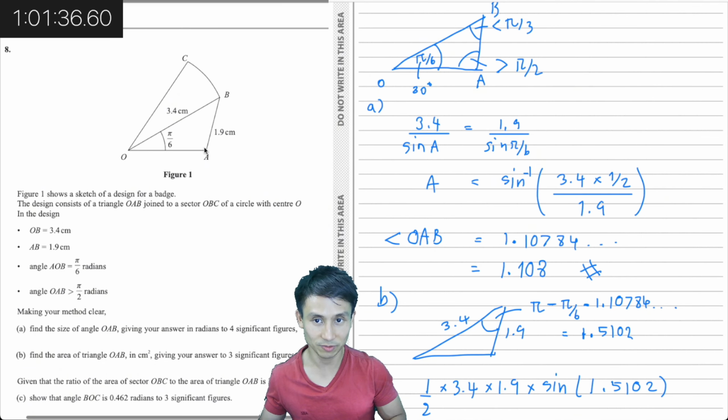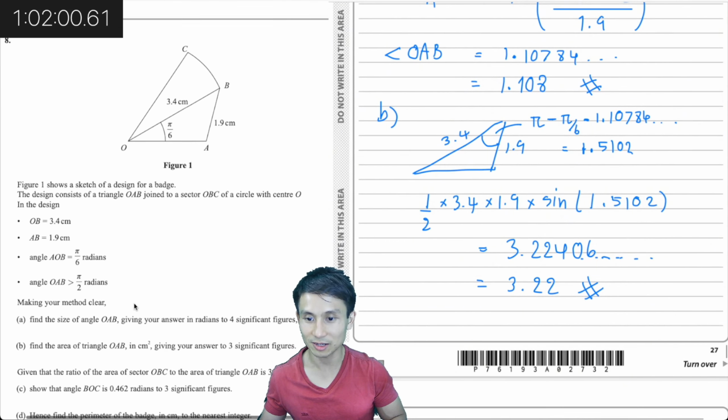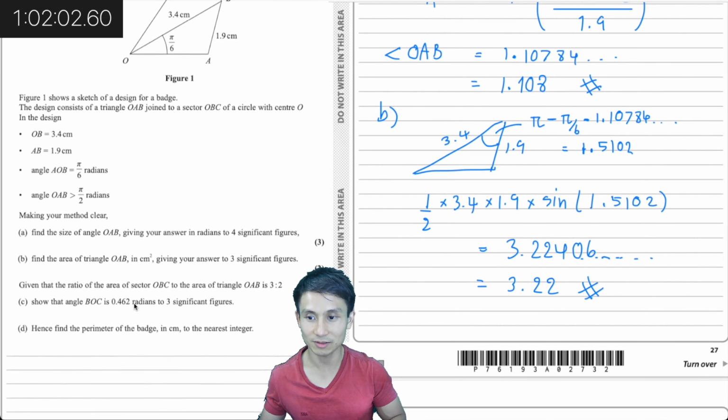OAB, yeah, OAB is angle A. I have 3.4 over sine A equals 1.9 over sine pi over 6. And then I rearrange. I got 1 over 2 multiplied on the other side, and then I take the inverse sine. I should get this. I believe in this. Okay, so I think I got that question right.